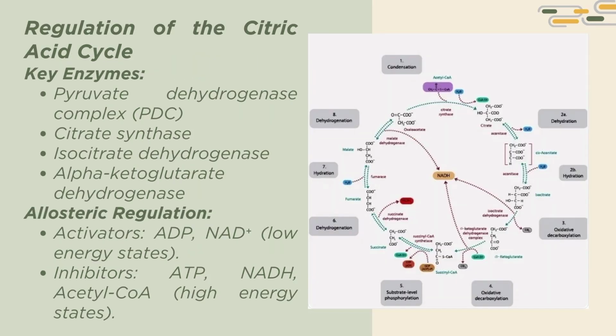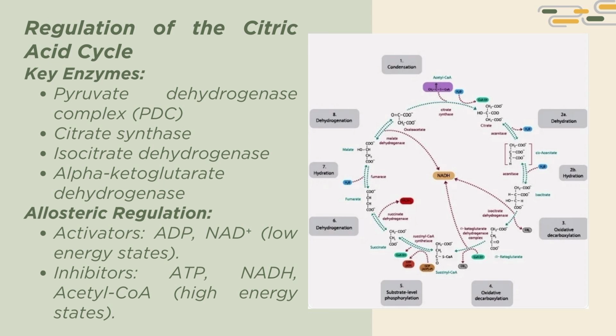Regulation of the citric acid cycle. The citric acid cycle is tightly regulated to ensure energy production is efficient and balanced with the cell's needs. Key regulatory enzymes include pyruvate dehydrogenase complex or PDC, citrate synthase, isocitrate dehydrogenase, alpha-ketoglutarate dehydrogenase.